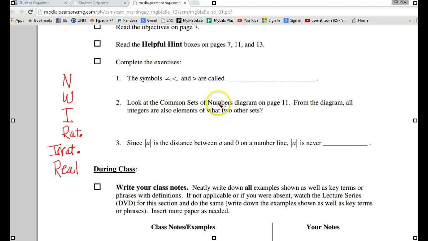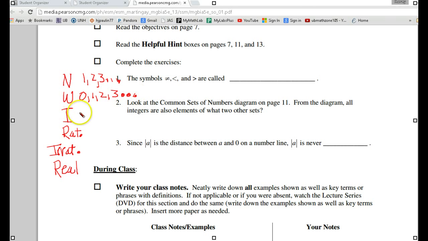Now on this page, they're giving you, and I'm writing some of this out here so you could see it, the natural numbers, 1, 2, 3, ellipsis, whole numbers, we just add a 0 to it, and then your ellipsis.